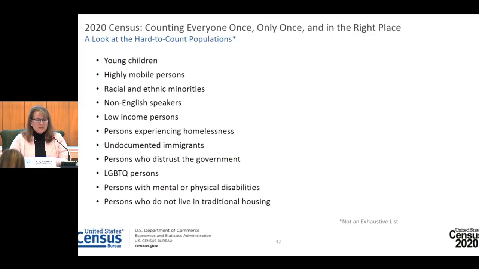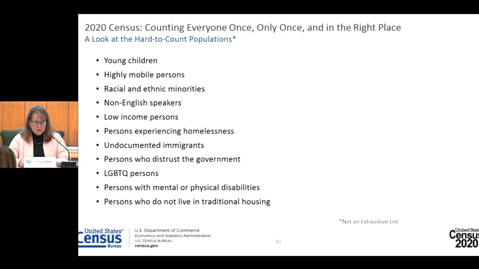So now we'll take a look at some hard to count populations. While this is not an exhaustive list of the hard to count, we should acknowledge groups that have been historically hard to count. This list was developed in cooperation with a National Advisory Committee working group established specifically to look at aspects of the 2020 census design and hard to count populations.